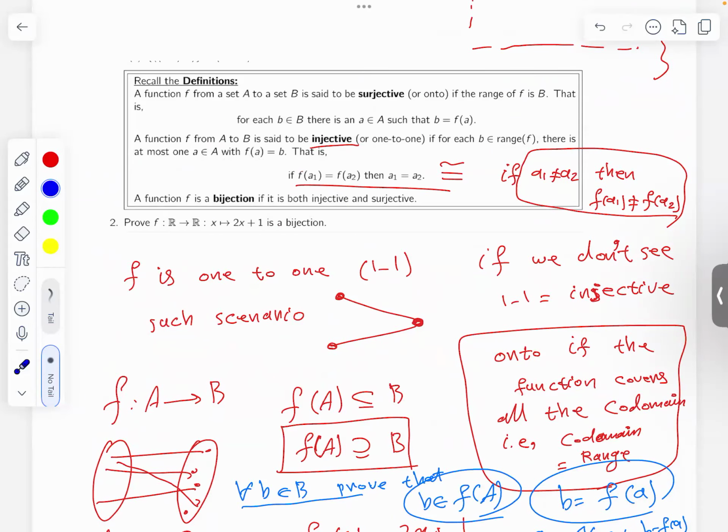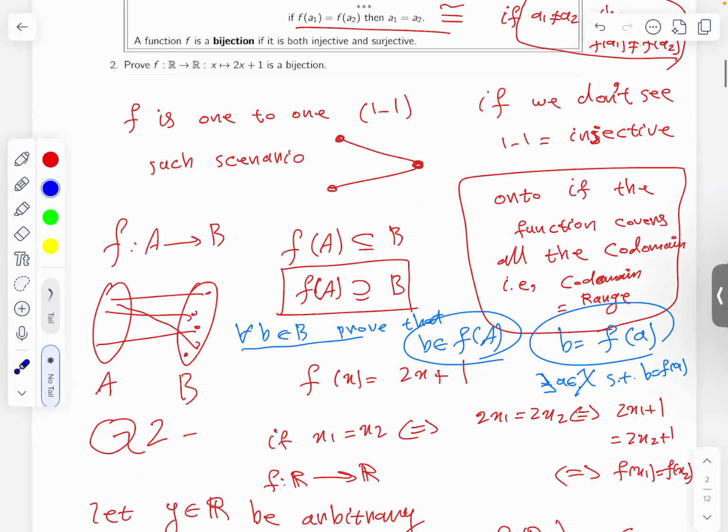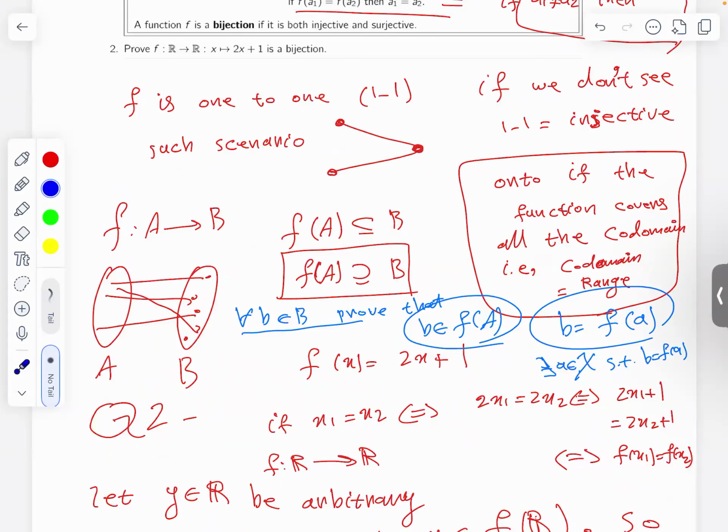Question 2 says to prove that the function is a bijection. What does it mean? It means prove that f is a function, prove that f is one-to-one, prove that f is onto. f of x equals 2x plus 1. If x1 is equal to x2, then 2x1 is equal to 2x2.